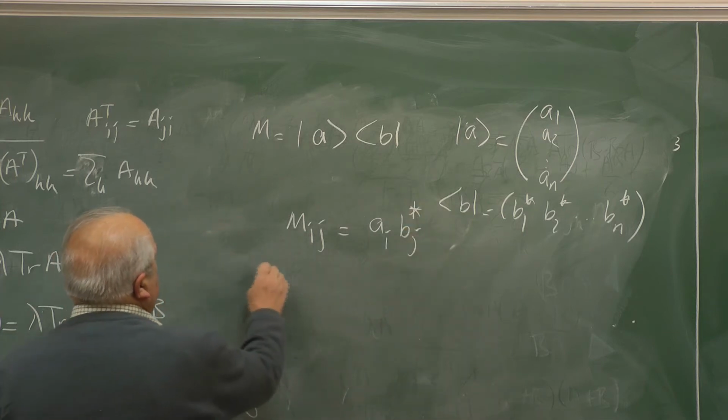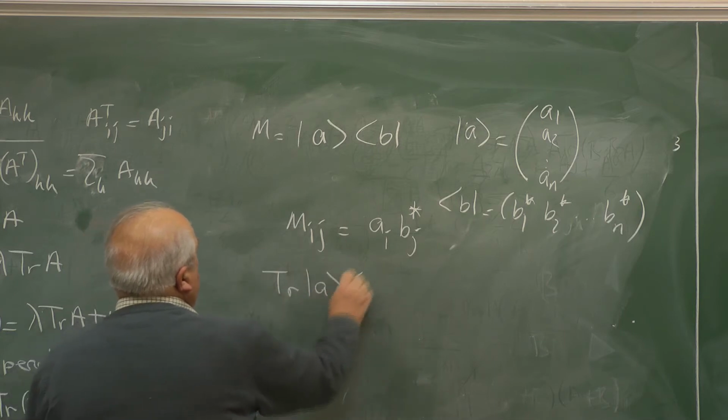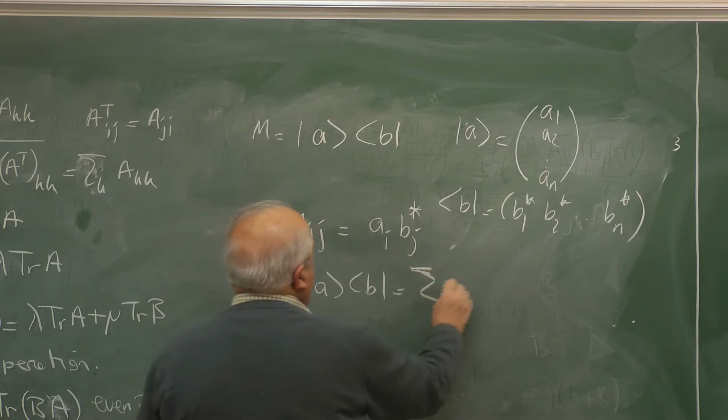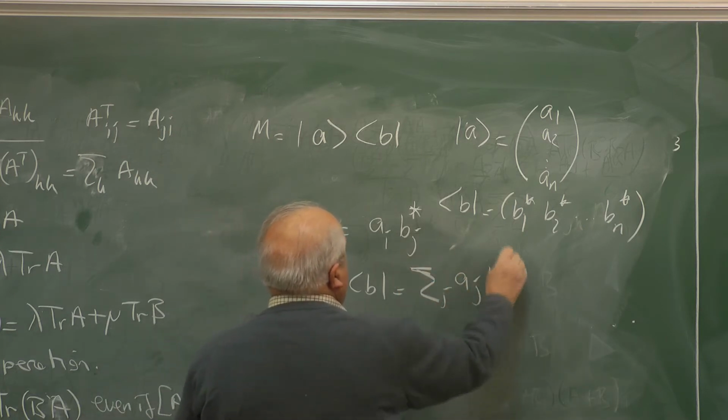So trace of this is sum over J, A_J B_J star.